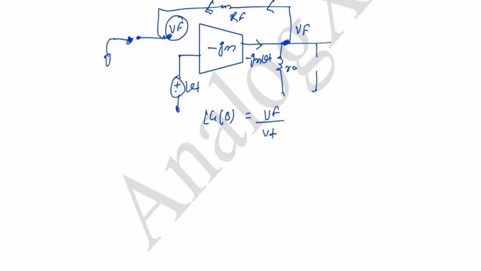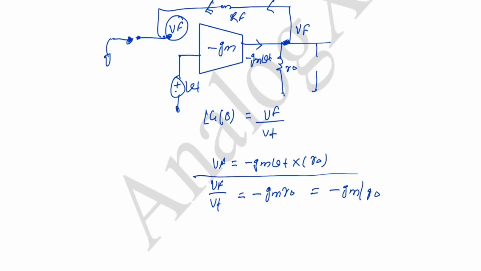So what will be VF? VF will be minus Gm Vt into resistance R naught. So from here VF by Vt equals minus Gm R naught, or minus Gm by G naught.